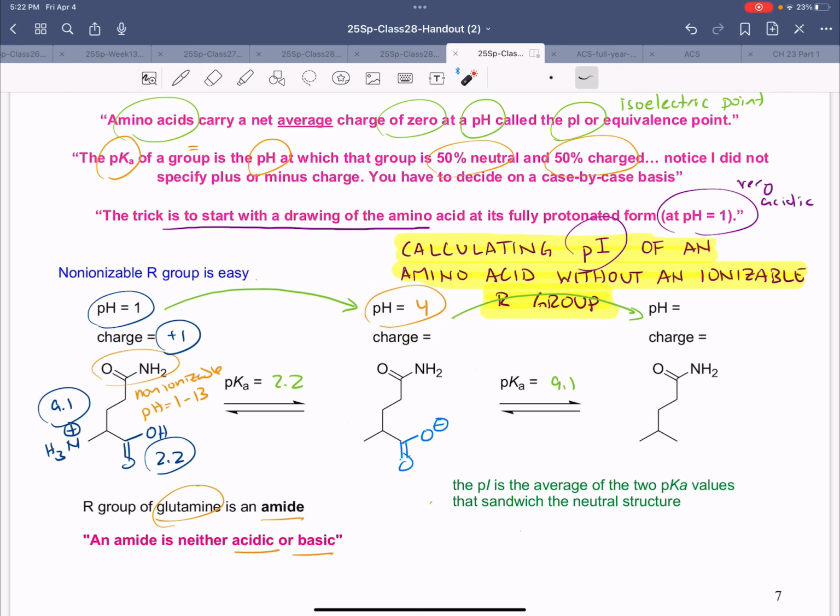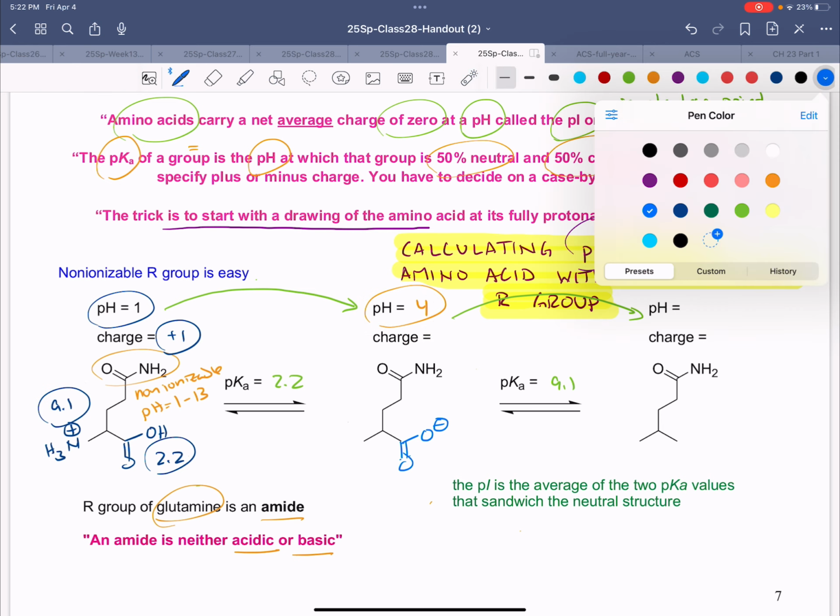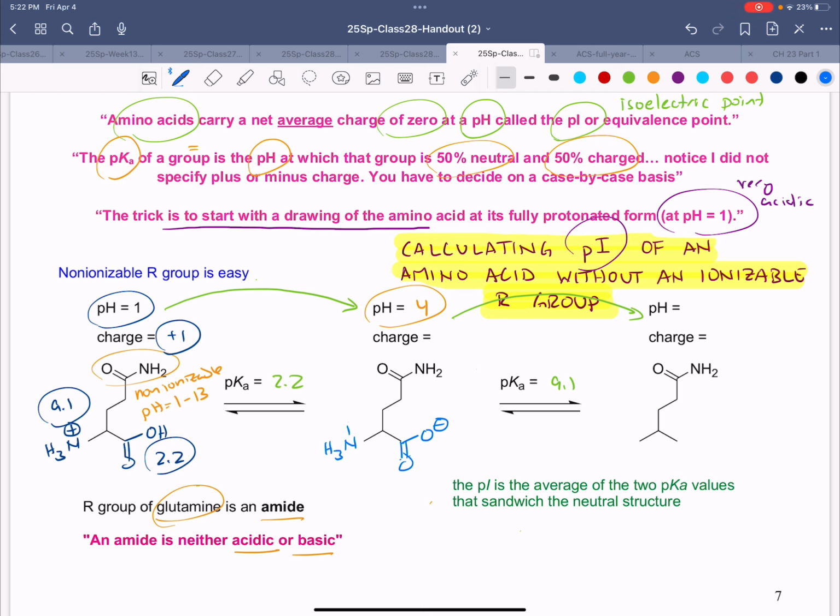No. So that will stay the same. Look at the net charge now. The net charge cancels out. The net charge is 0. Let's put a 0 right here. And that's your net charge. So do you see how we went from +1 to 0?